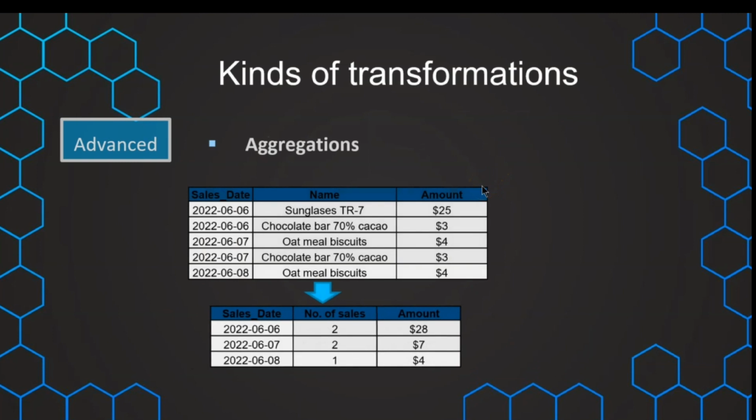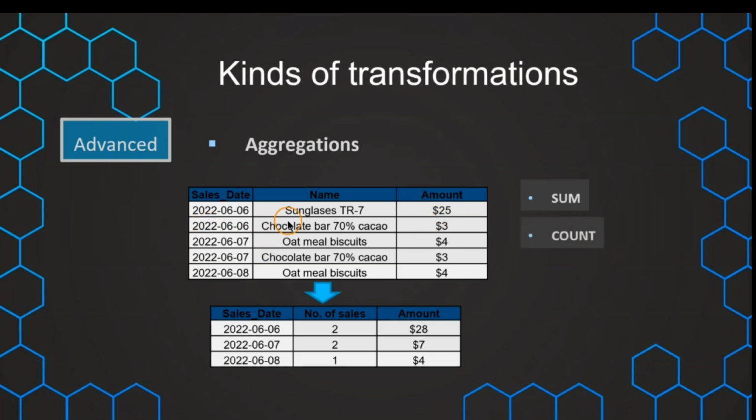Another thing that we can do, especially if we want to change the granularity, is to aggregate the data. Different ways of aggregating the data could be taking the sum. For example, in this case, we have the granularity of a single day, and that's why we want to sum all of the amounts of our sales for every single day.